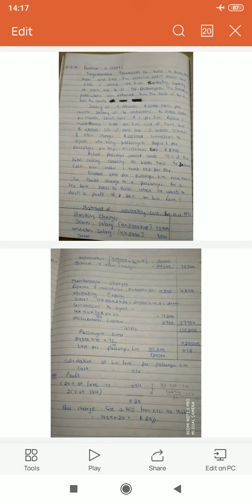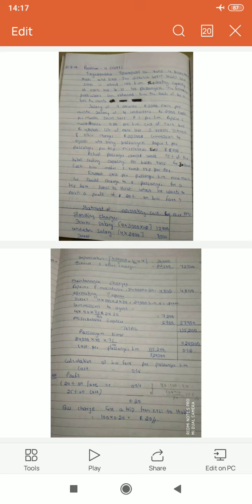Then diesel cost is given, repairs and maintenance is given, cost of vehicle is given, then life of vehicle is given, then interest and other charges given as rupees 22,500, commission to agents who bring in passengers rupee 1 per passenger per trip.